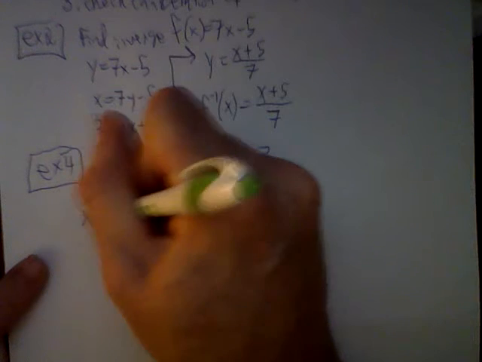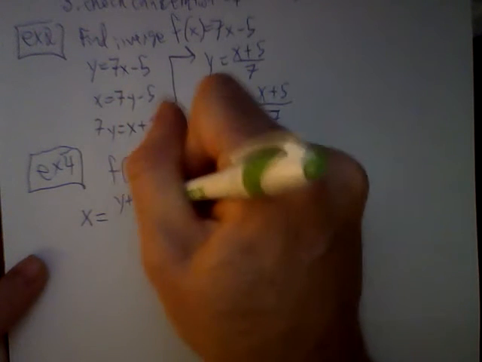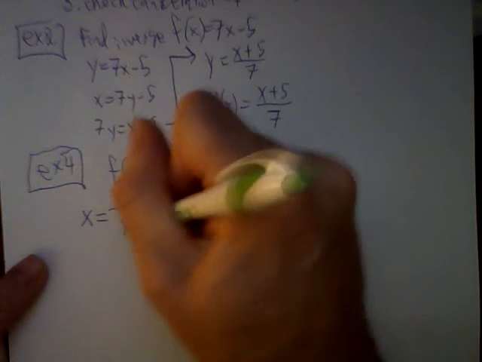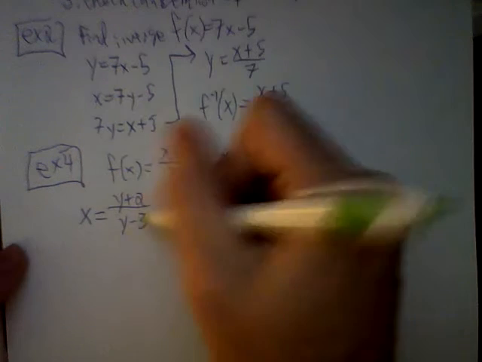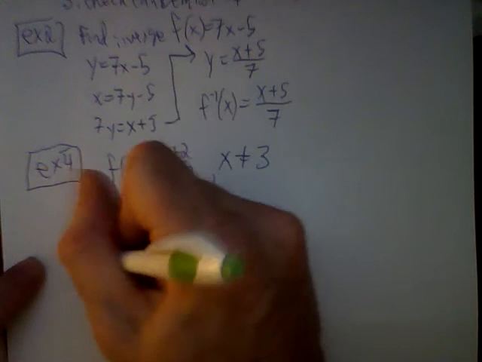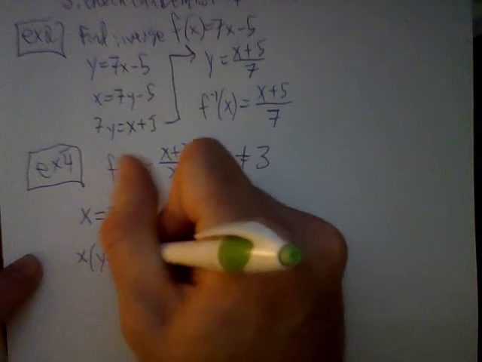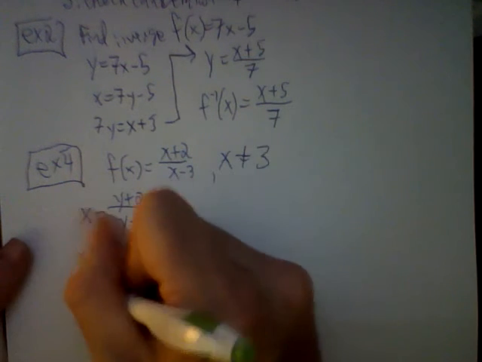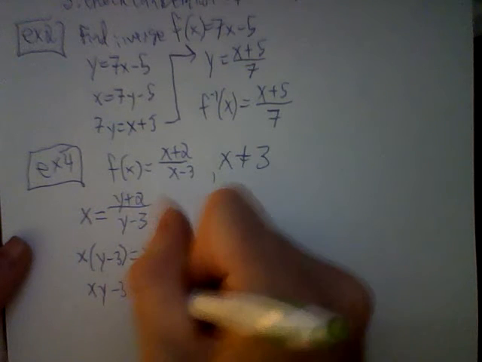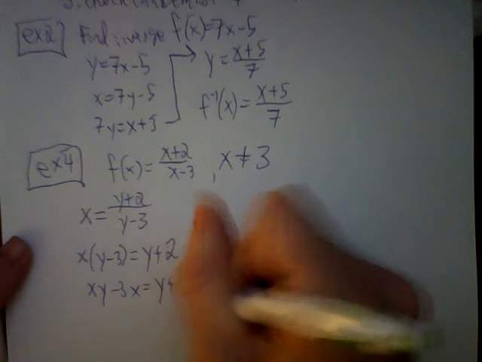So now you'll have x equals y plus 2 all over y minus 3. You want to solve for y, so multiply both sides by y minus 3. So x times y minus 3 equals y plus 2. You can distribute there, xy minus 3x equals y plus 2.